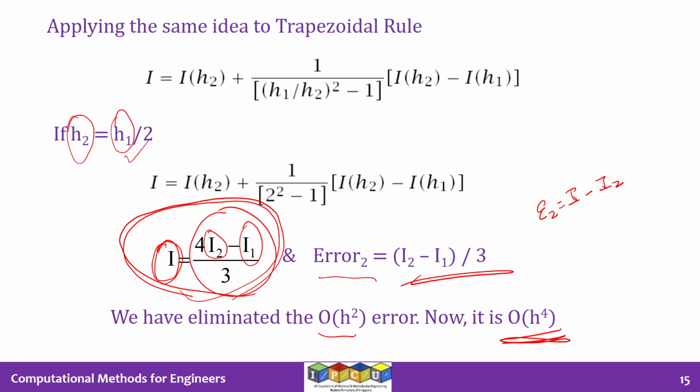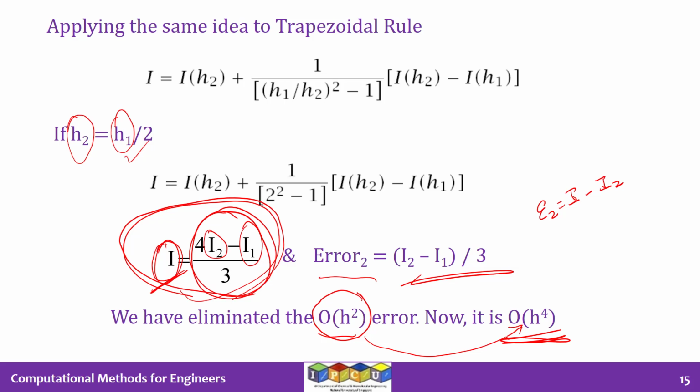So by solving the problem twice with different grid sizes, and each of those estimates having an error of the order of h squared, we can use those results and a formula like this to get an estimate of the integral which has got an error only of the size of h to the power of 4. So we can get substantial reduction in the error by doing this.